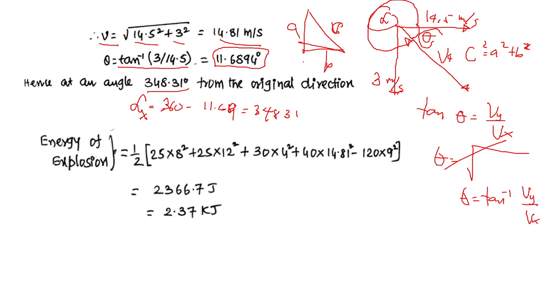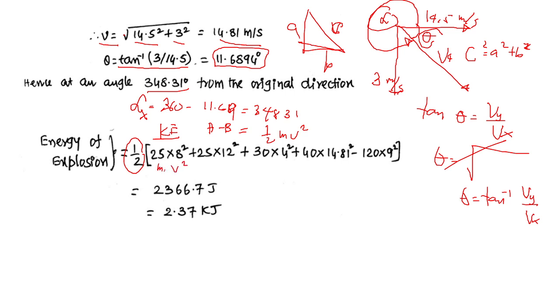Now, how about the energy of explosion? The energy of explosion is just the kinetic energy, the summation of kinetic energy after explosion minus before explosion. This one is the first piece. What's the formula of kinetic energy? 1/2 mv squared. We can just factor out 1/2, so this is mv squared.